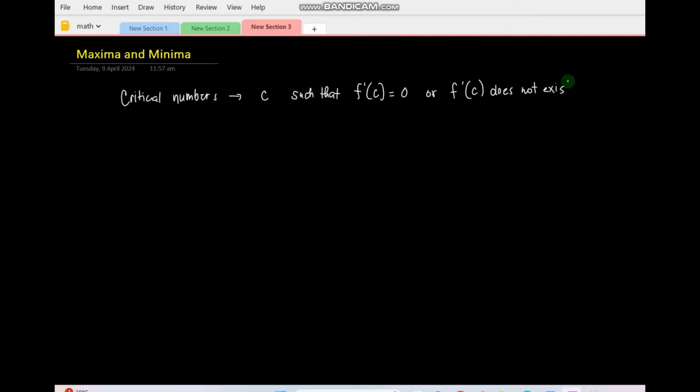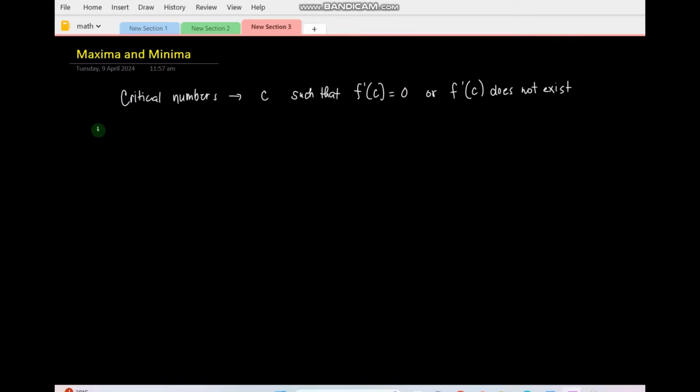Okay, so what does this mean? This means that any value of x from the domain of the function that makes the first derivative equal to 0 or does not exist is called critical numbers. Okay, so let's have an example.